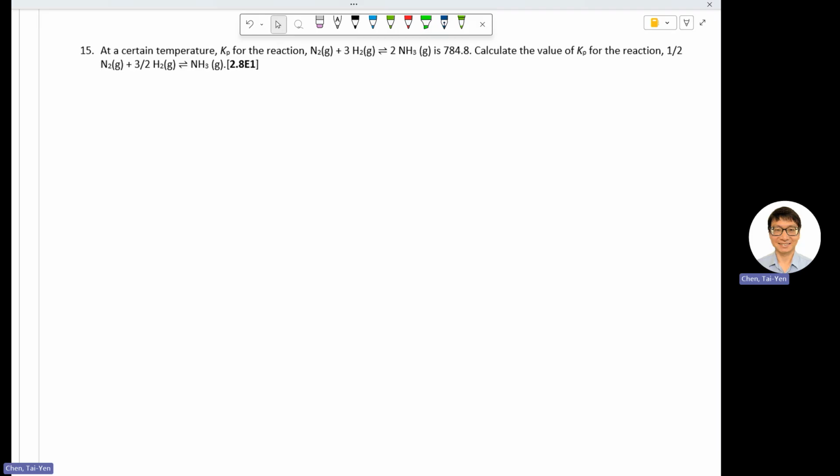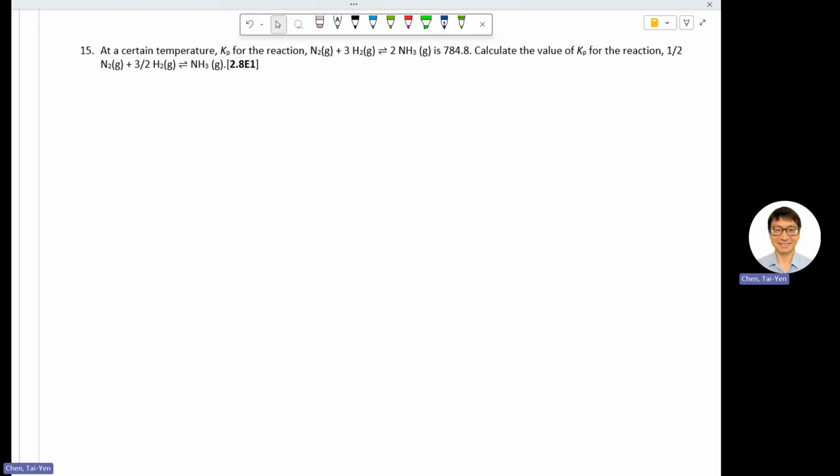Okay. So every time you see a question like this, it's actually testing whether you know what happens if you multiply a constant to a chemical equation, or you flip the chemical equation, and you compute the new equilibrium constant.